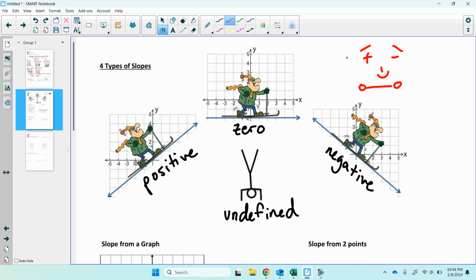I have positive slope here, his eyebrow is increasing from left to right. I have negative slope for this eye, his eyebrow is decreasing. I have undefined slope for his nose, straight up and down. And then zero slope for his mouth being straight across. So that could be another way to remember which type of slope is which.